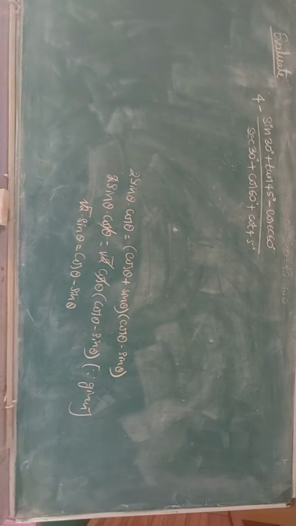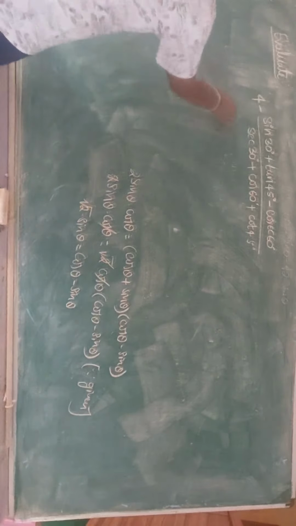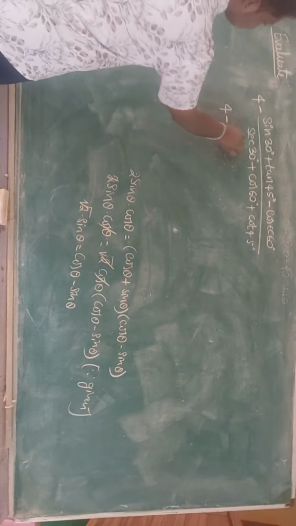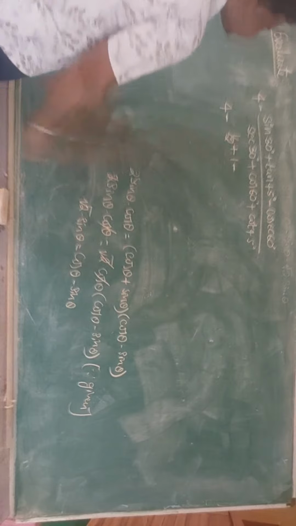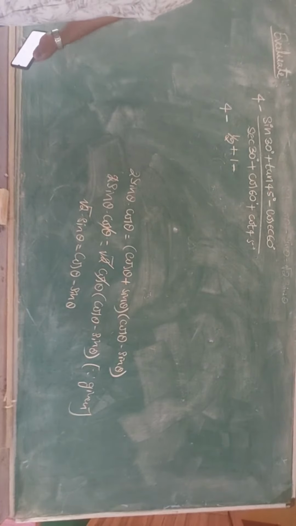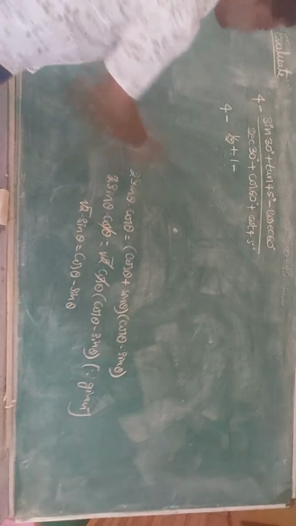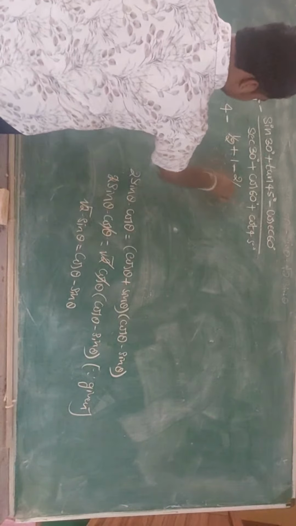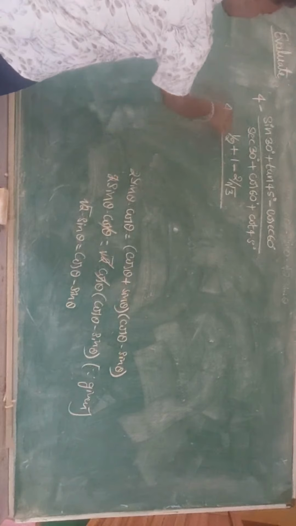Sin 30 degree is nothing but half. Tan 45 is 1. Sin 60 degree is root 3 upon 2, but here it is cosec, the reciprocal of sin, so that is 2 upon root 3, divided by sec 30 degree.